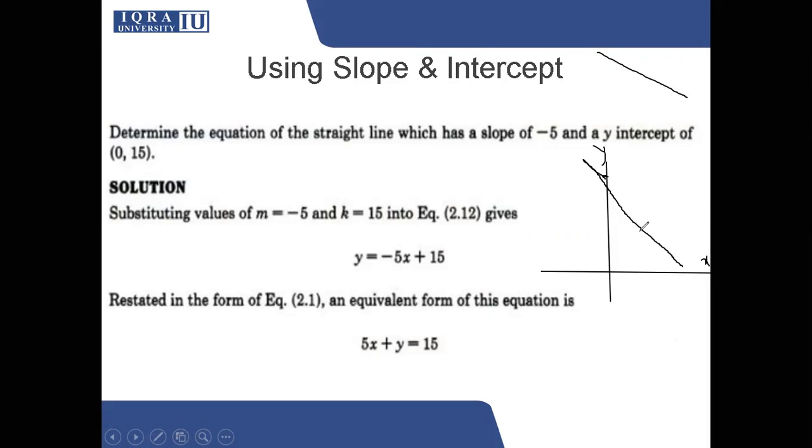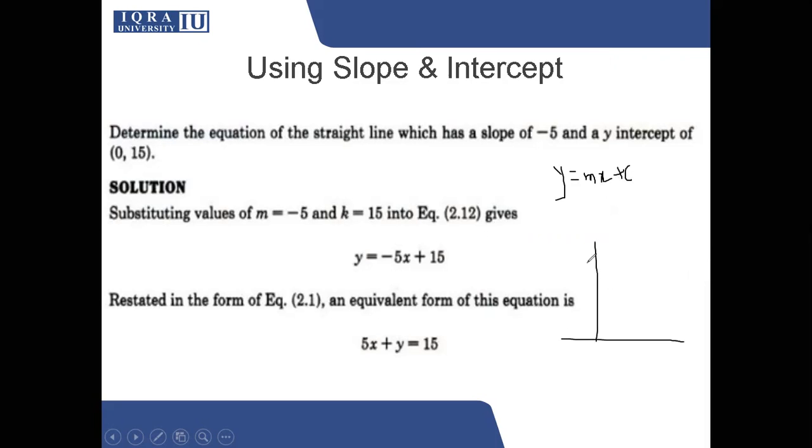So how do you proceed with this? I told you that every line has the general form y equals to mx plus c, including this line right here, with the 15 intercept and -5 slope. This line will also follow this general rule.